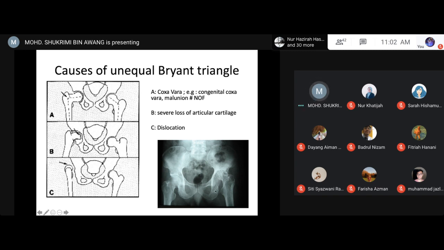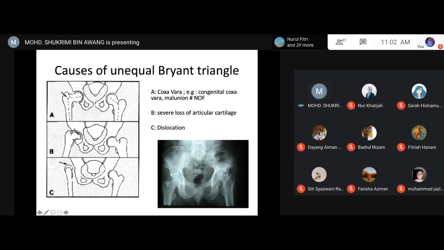Can you appreciate that? It's supposed to be here, now it has migrated proximally. You can see a very smooth articular surface of the femoral head on this side, but here the femoral head is smaller and you can't see a normal congruence. Smaller and incongruent femoral head.